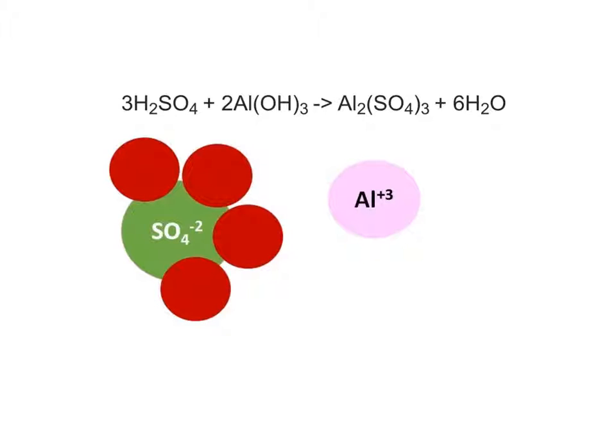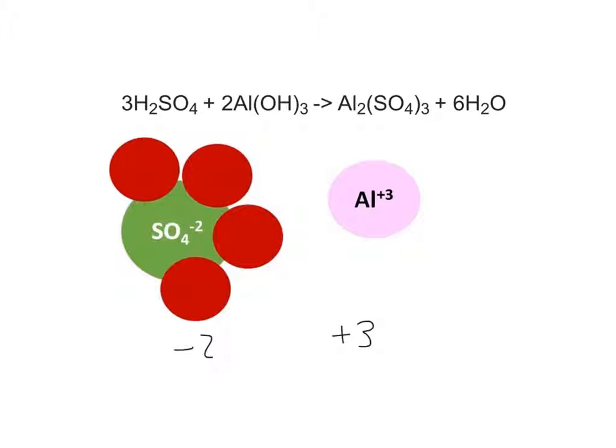Our sulfate ion, we see right here, has a -2 charge. Our aluminum ion, as we see right here, has a +3 charge. Now, the only way that our metal and our nonmetal can come together to form a salt is if the charges are the same, because all of the electrons that our metal is giving up have to be taken by our nonmetal.